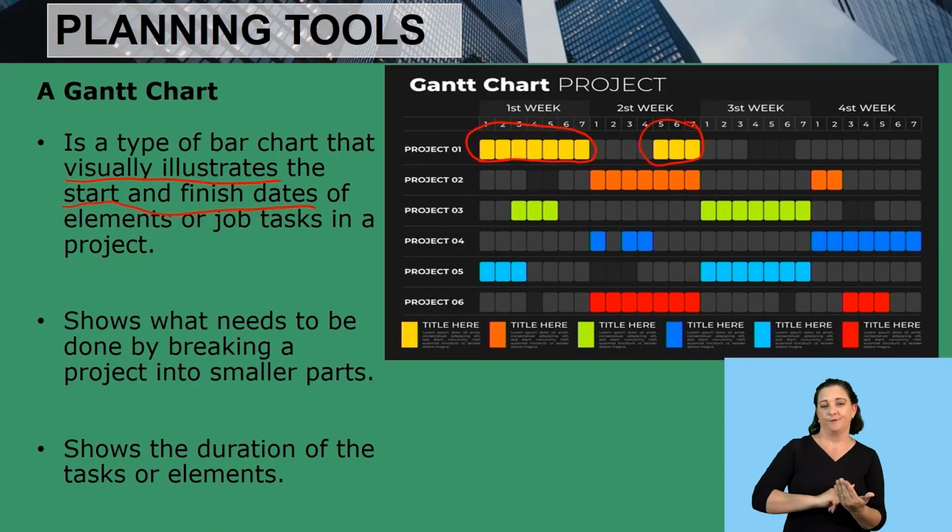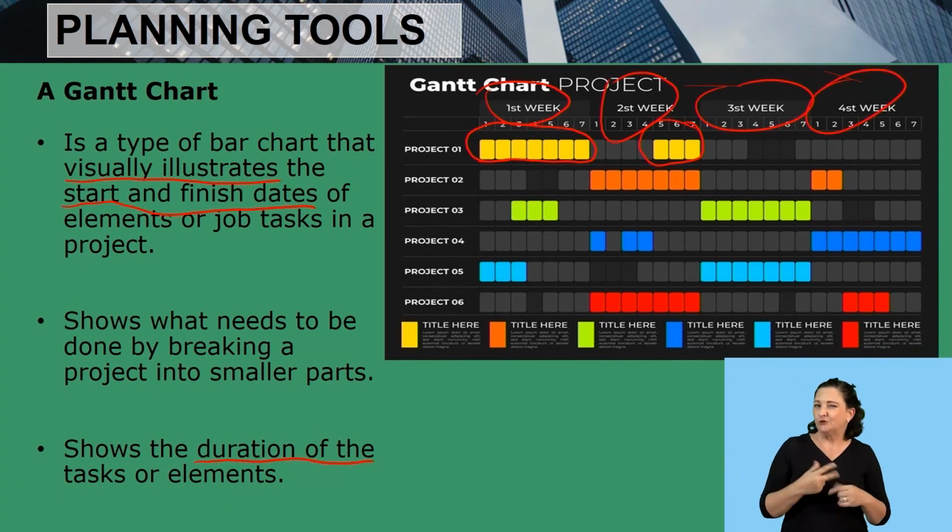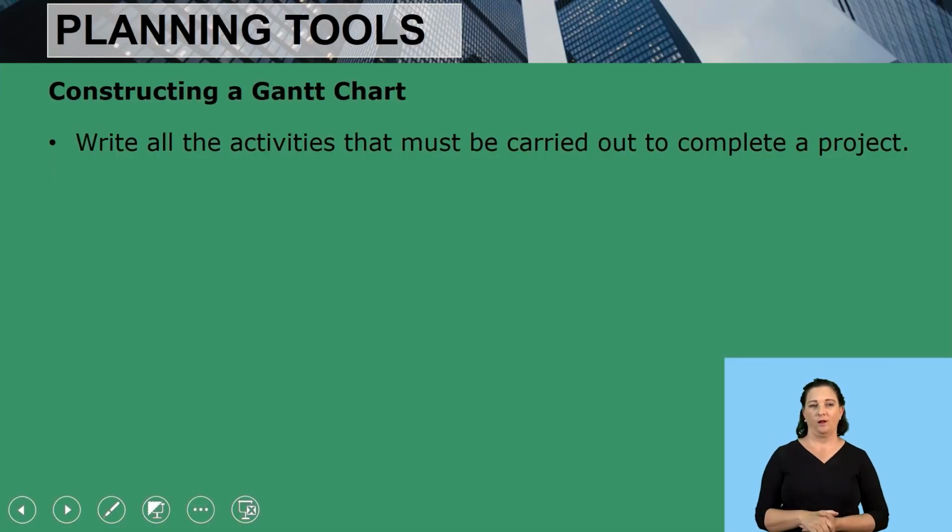It shows the duration of the task or element. So it shows that this is week 1, this is week 2, week 3, week 4, and what must be done in those different weeks in terms of the smaller activities that have been broken down.